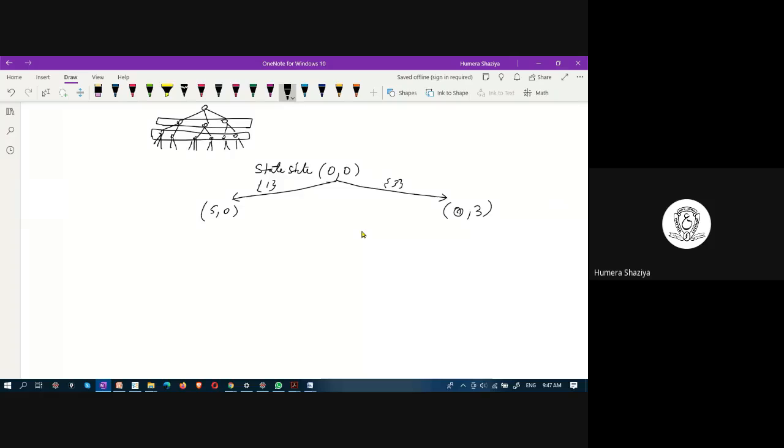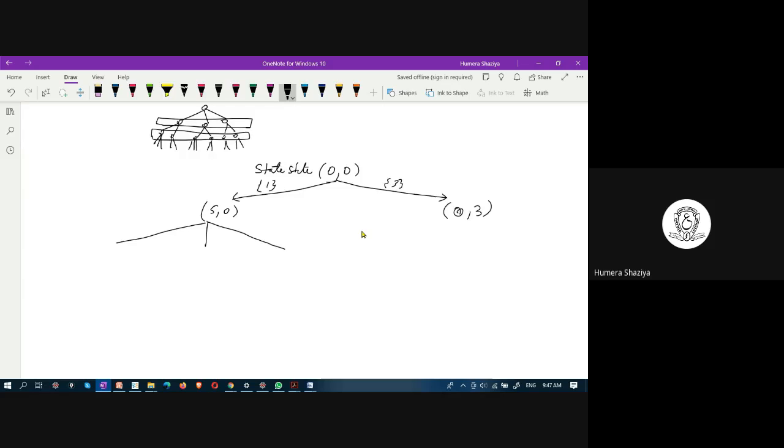From here, what you have to do? You have to find the substates with respect to 5 comma 0. 5 comma 0 is what? It is the present state in which 5 gallon jug has 5 gallon water and 3 gallon jug has 0 gallon water. Here, 5 gallon jug has 0 gallon water and 3 gallon jug has 3 gallon water.